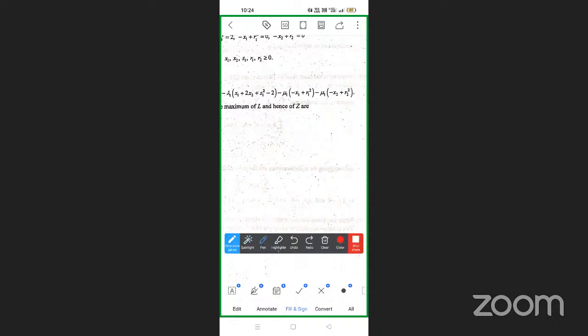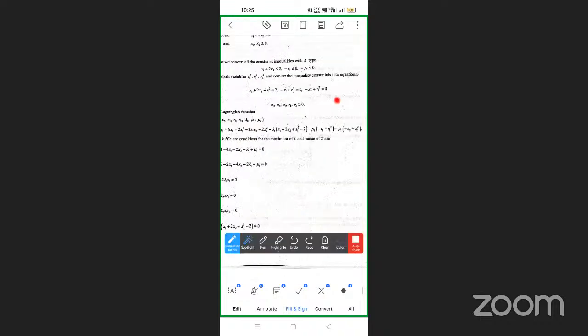Plus mu2 equals 0. This is mu2, here also mu2, a printing mistake. So plus mu2 equals 0. Differentiation with respect to x2.